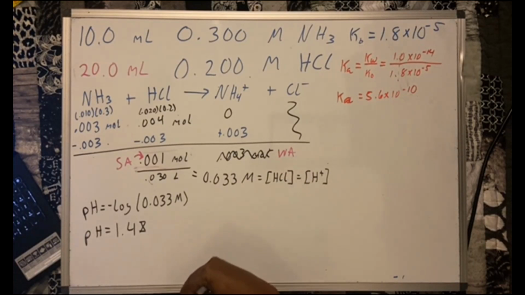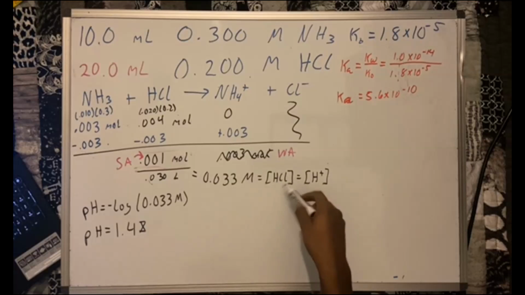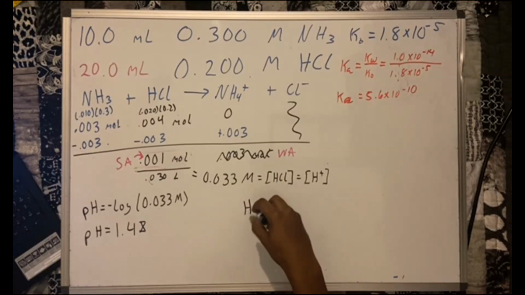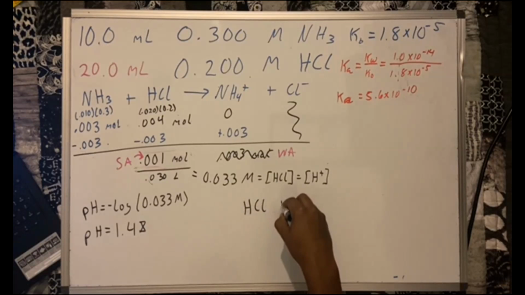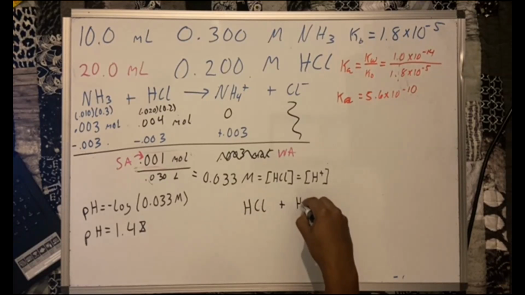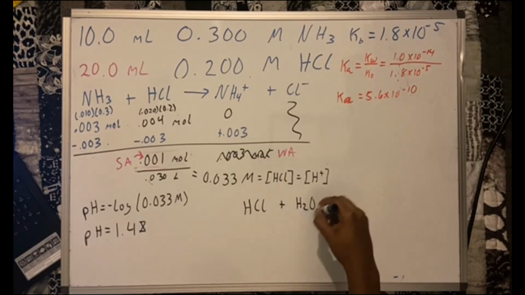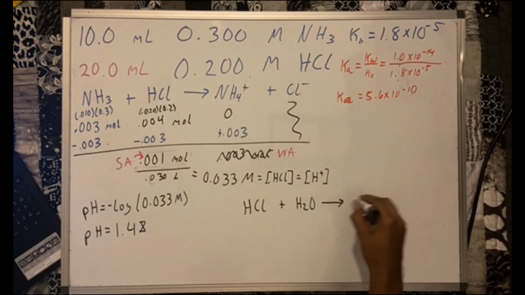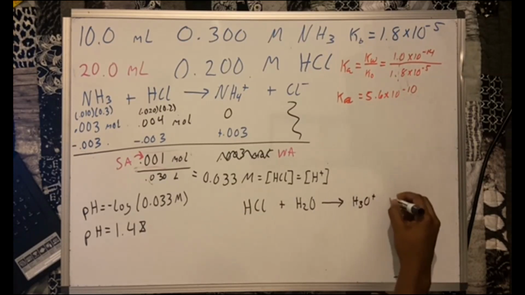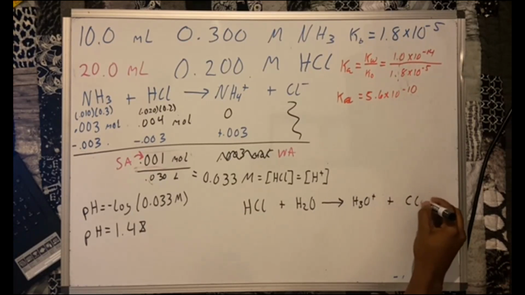Is that ringing bells? Because if I wrote out the dissociation of that, if I added that to water, H2O, I would get a straight arrow, right? Straight arrow because this is strong, so it's going to be H3O plus, Cl minus, right?